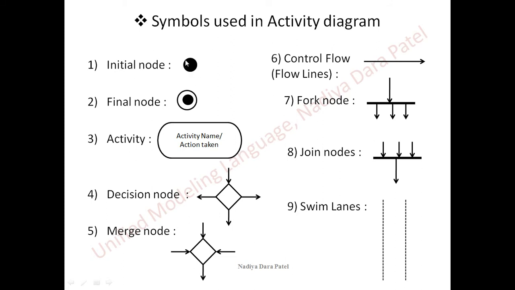The first is the initial node, which is a small circle which is colored or filled. Then you can see the final node, which is again a filled circle and has a boundary.